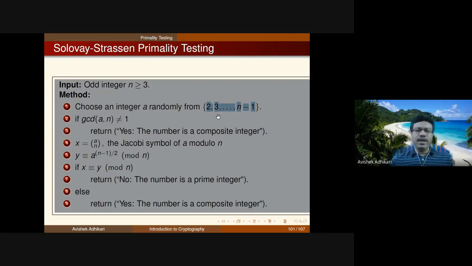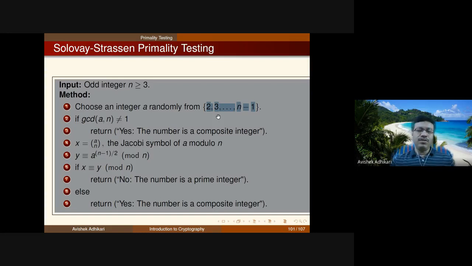If you again get no, then the probability of error after 3 runs will be 1 by 8 and so on. So after 100 runs, if at every stage you get the no answer, then the probability of error would be half to the power 100, which is almost zero.